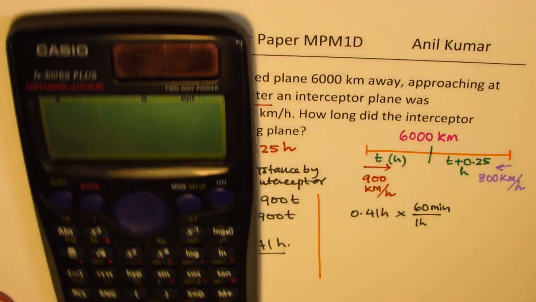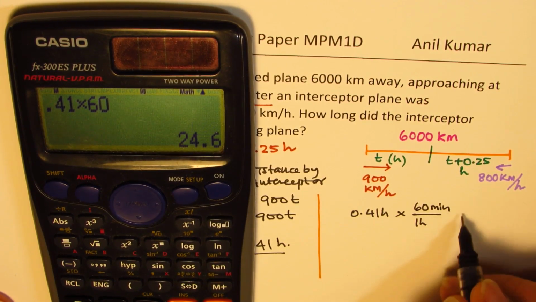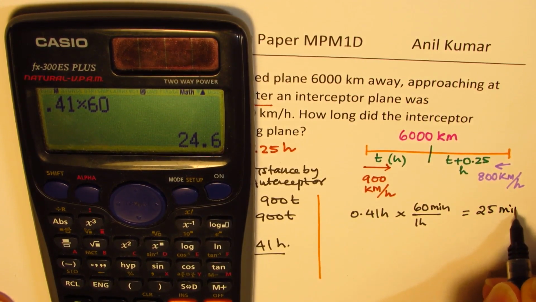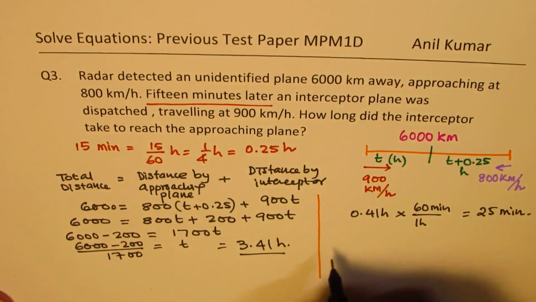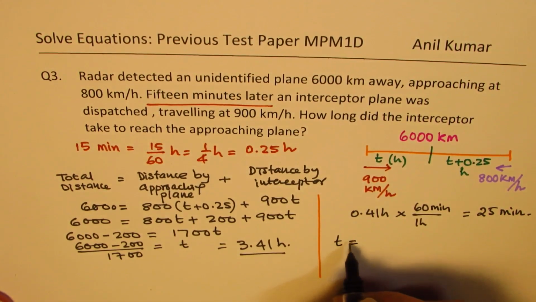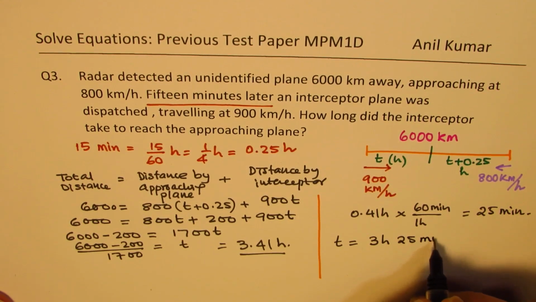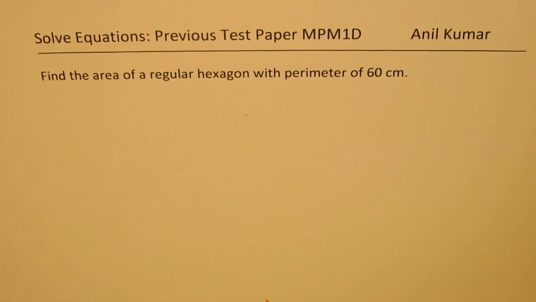So we'll multiply 0.41 times 60, which is about 25 minutes, so we just round it. So the time t for the interceptor will be 3 hours and 25 minutes. Is that clear to you? So that is how we can solve this question.